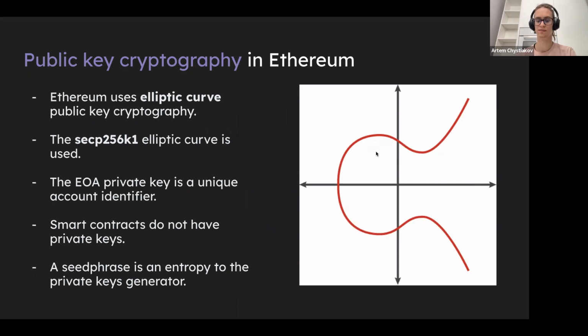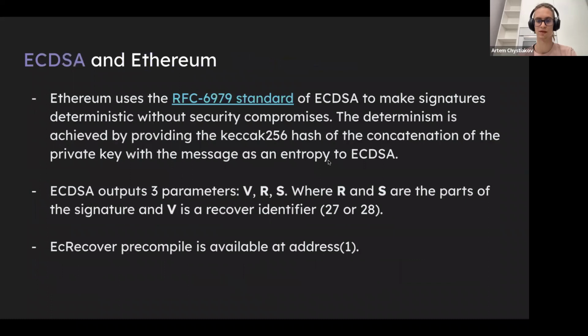So the signature actually represents 2 points because of the properties of the elliptic curve, and in order to get which part of the elliptic curve the signature actually represents, we have to have a special parameter, and this parameter is V. It can be 0 or 1 in the original ECDSA implementation, but Ethereum adds the number 27 to it, so this becomes 27, I believe, for the lower part, and 28 for the higher part of the elliptic curve.